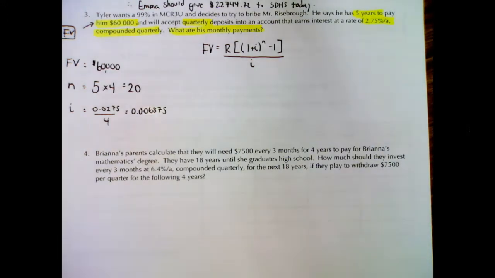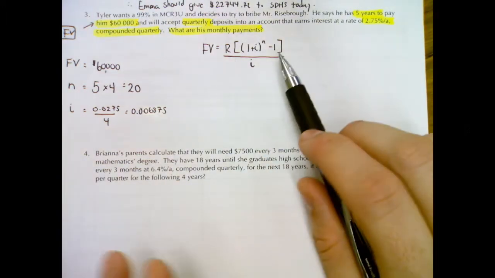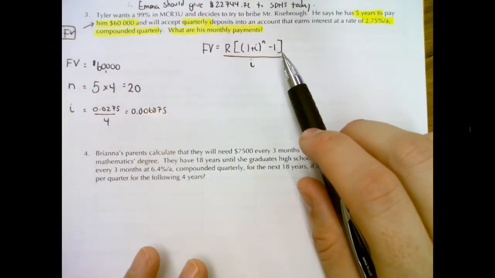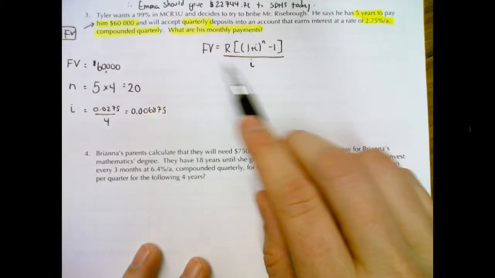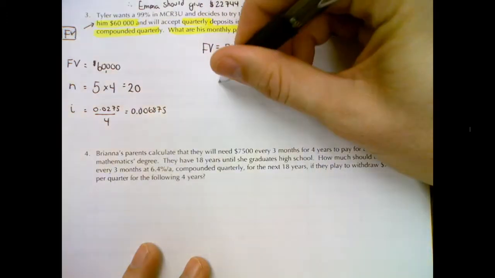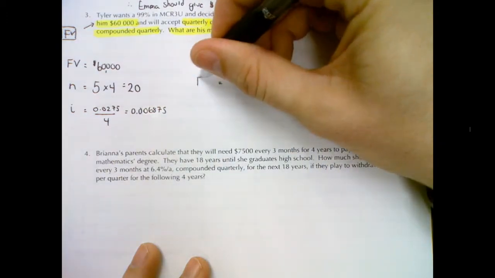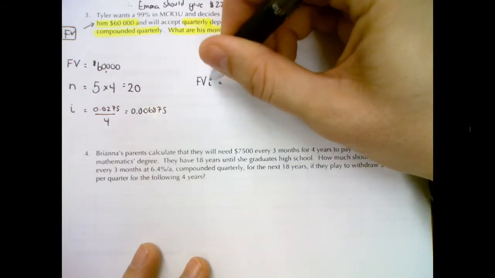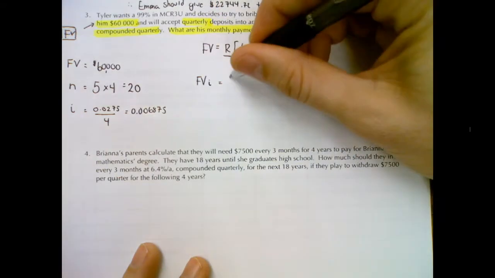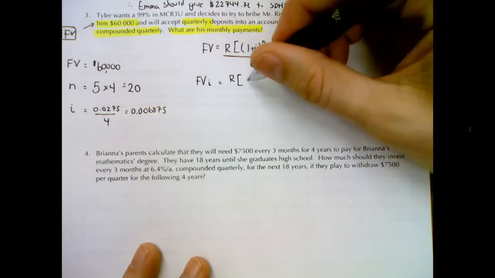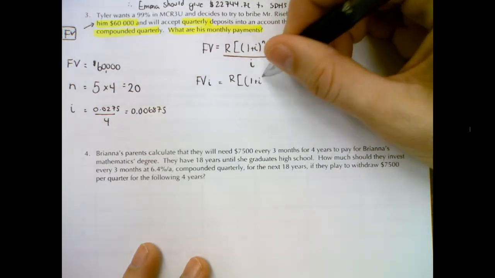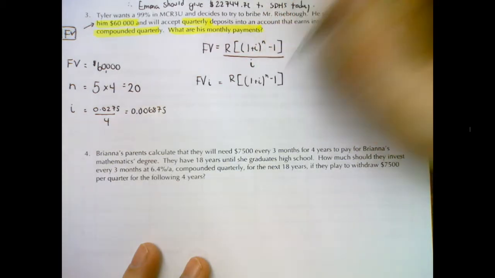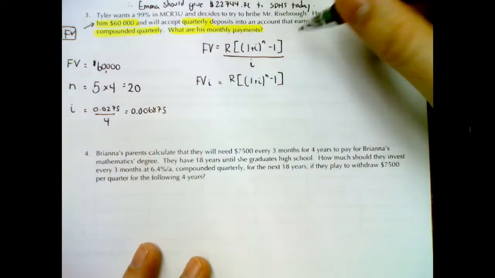That's our i. Now we've got to rearrange and solve for R, and it's actually not too bad to rearrange this equation. We're going to multiply both sides by i to get rid of the i in the denominator. So we have FV times i, and then on this side we have R times this big bracket. To get rid of that big bracket, we would just divide both sides by that big bracket.